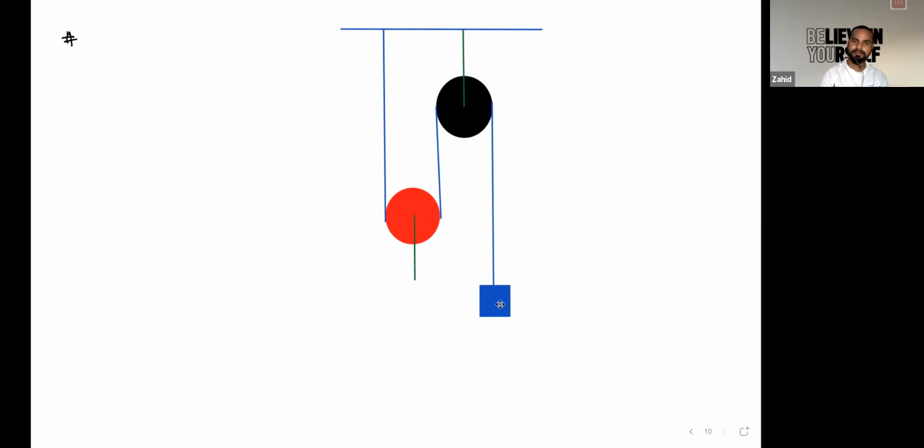One block is here and the other block is here. This is M1 and this is M2. First of all, I have to define whether the acceleration of these two blocks are same or not. Ishma, any guess?